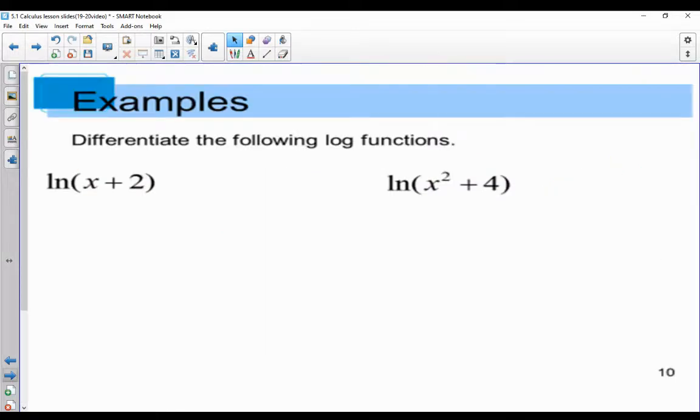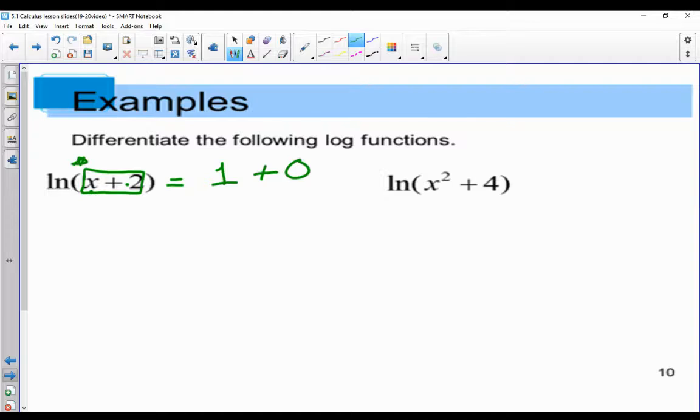Now take a look at this one. So again, for this, you always take a look at what's inside. And then to differentiate this whole log, first take the inside and derive it. First, you'll derive the x, which will give you 1. Then derive the plus 2, which will give you plus 0.